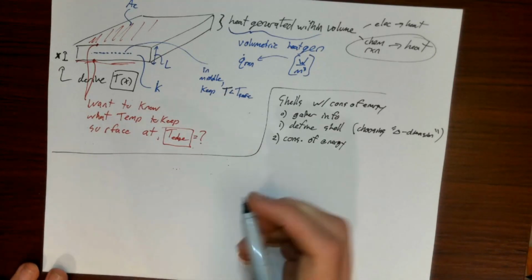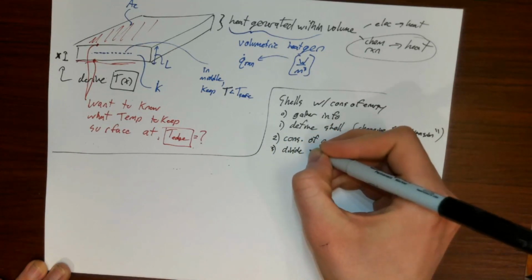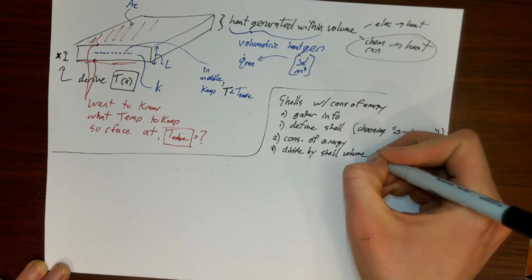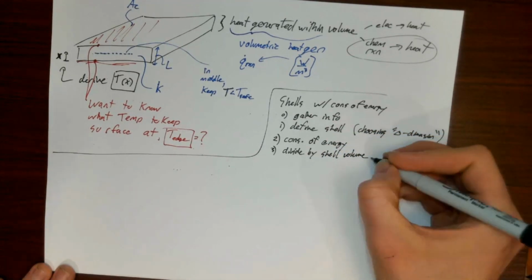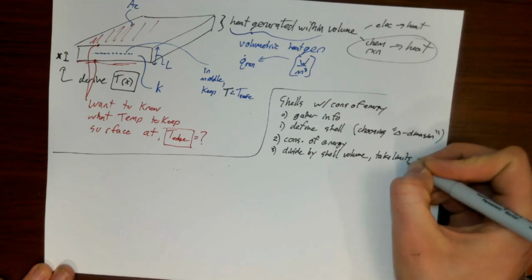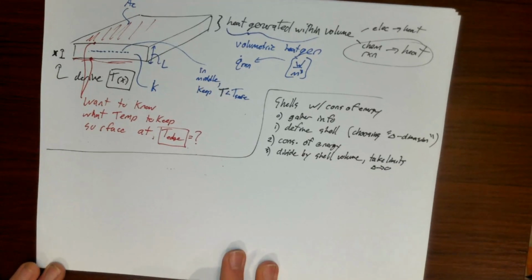And then after that, we can divide by shell volume, and after that we can take limits as deltas go to 0, and that's going to give us things that look like derivatives.